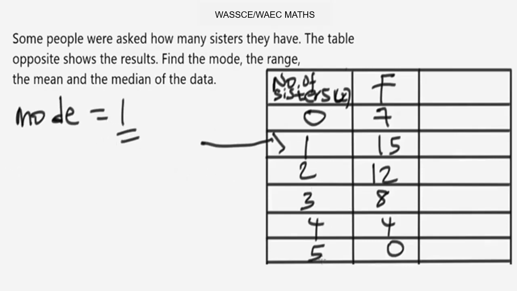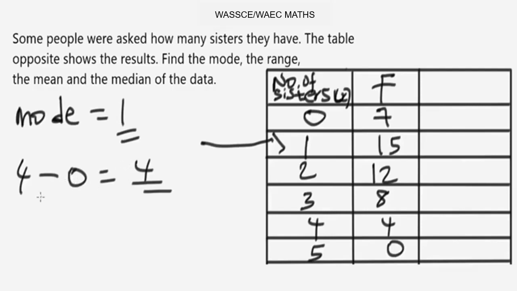You will not use 5 here, because no one has 5 sisters; the frequency for 5 is 0. So the highest number of sisters is 4, minus 0, the least, which gives us 4. That would be the range for this frequency table.